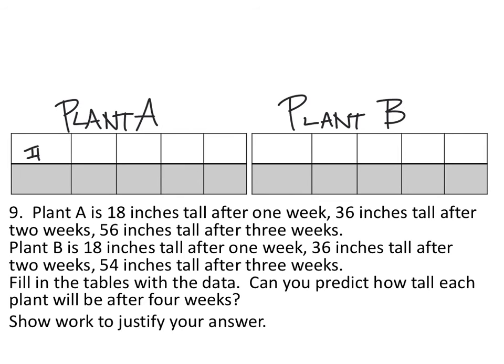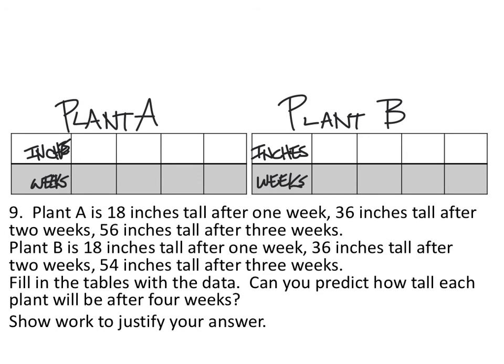This is how many inches tall it is, right here. And then this will be the number of weeks on the bottom, right there. Okay, and I'll maintain consistency, so plant B will also be inches tall. There's the top row, and then weeks will be this bottom row right here.